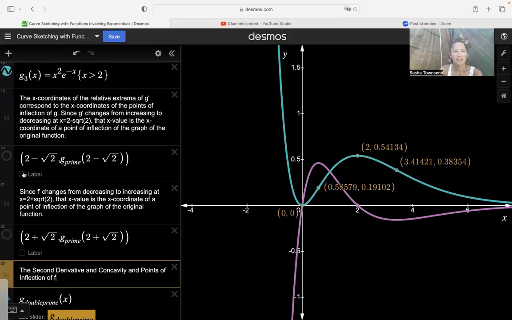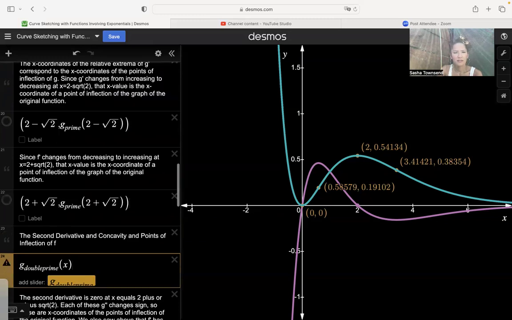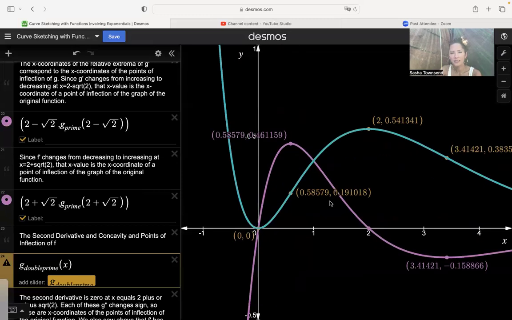And then I claimed that at 2 minus root 2 and 2 plus root 2, we had points of inflection. I believe that's the exact value of this x coordinate. And if we zoom in, we see that that's our relative extremum.